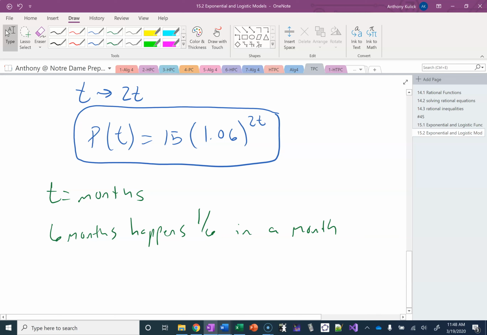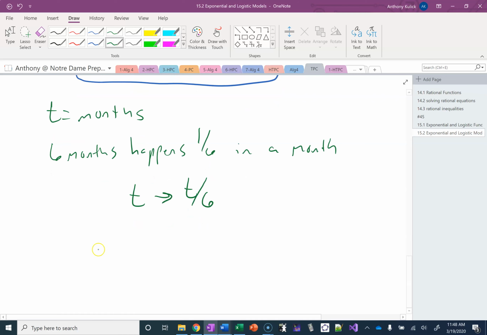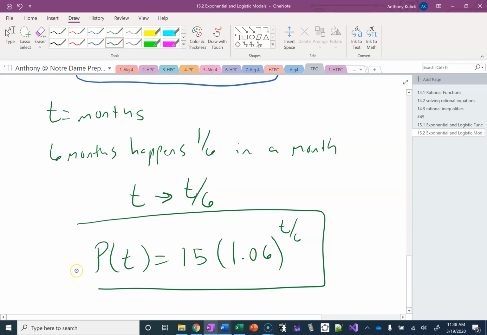That's silly, but 1 month is 1/6 of that time interval. So all I'm going to do is t is going to turn into t over 6. So P of t equals 15 times 1.06 to the t over 6. Depending on whether you want to measure t in months or t in years.